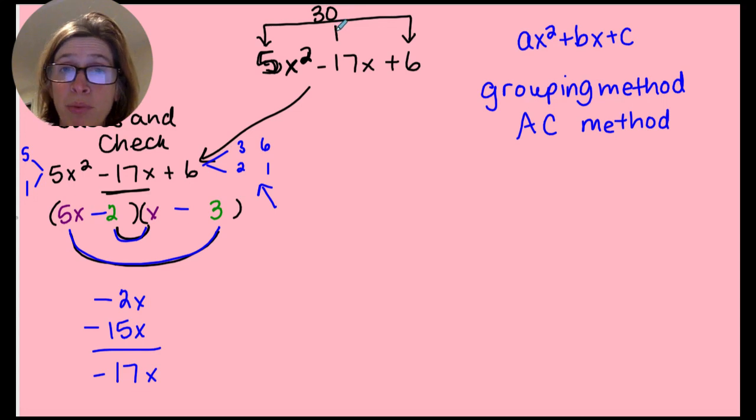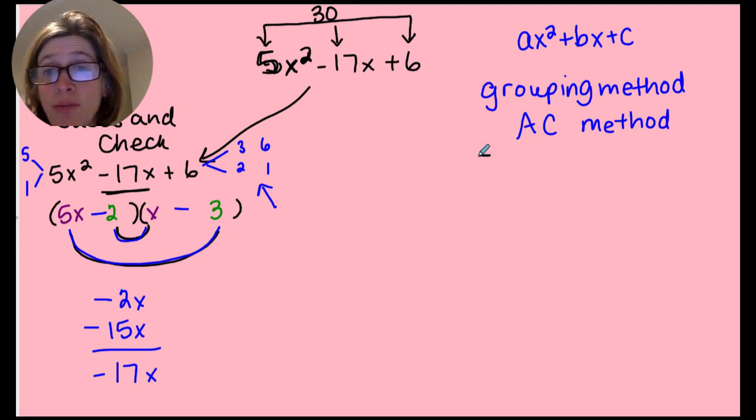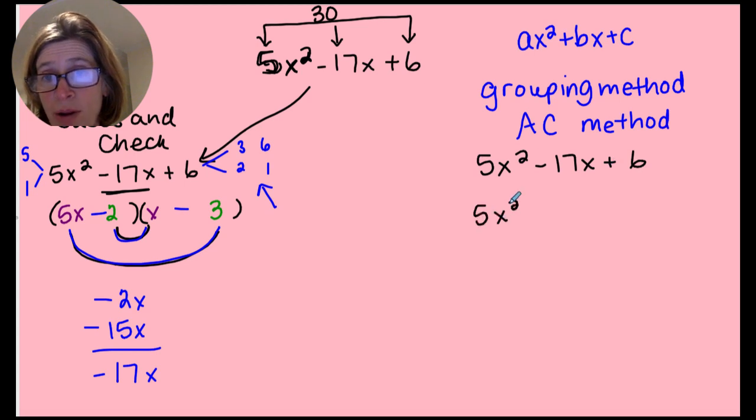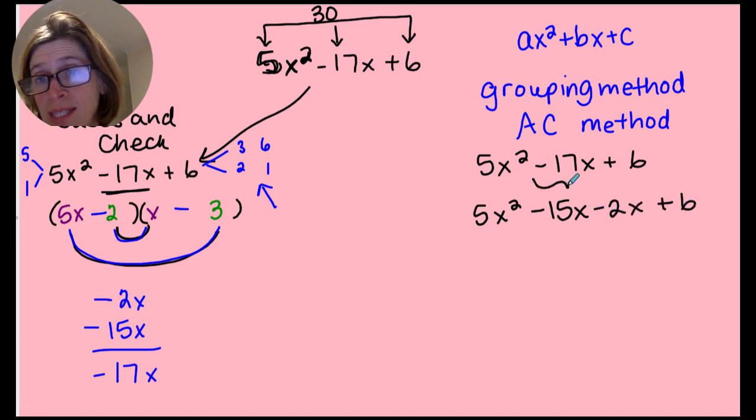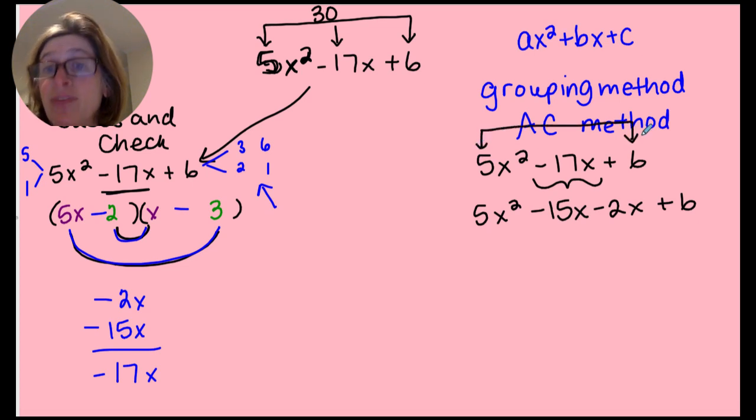And then you try to break up 17 into factors of 30. So I know that 15 and 2 multiply to 30 and add to 17, so I can rewrite this trinomial as 5x squared minus 15x minus 2x plus 6. So I broke 17 up using the factors of the a and the c term.